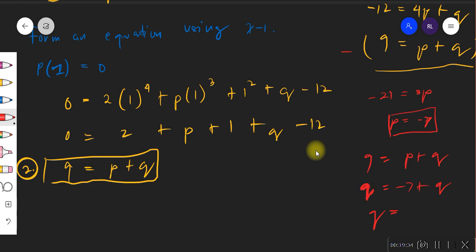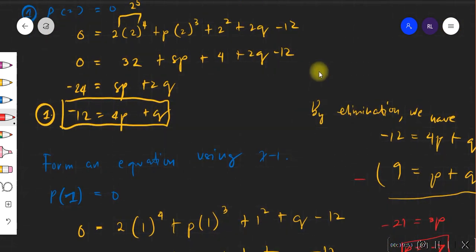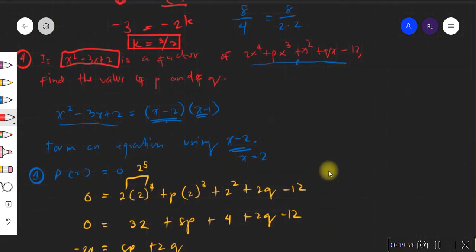Okay. So our q is just 16. Yeah, 16. P is negative 7 and q is just positive 16. So p equals negative 7 and q must be positive 16, so that when we plug in those values of p and q there, this becomes a factor of that.